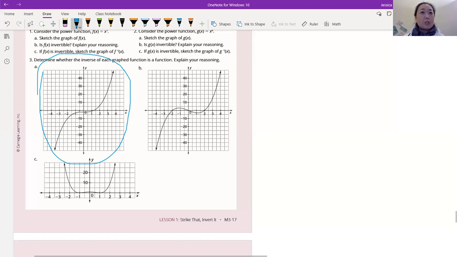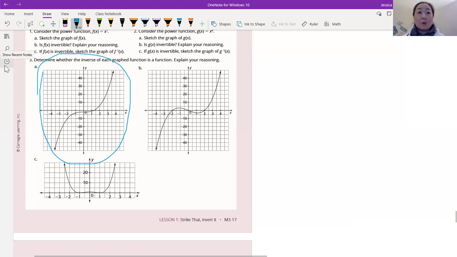So we only need to check if the horizontal line test works. That's why in the book, in the answer key, and also in the exit ticket, it says just the horizontal line test. But if you said the vertical line test and the horizontal, you're not wrong. You're just stating something that you already know.